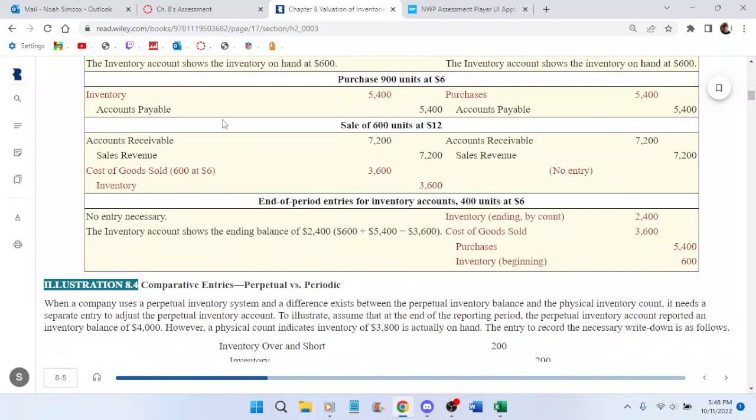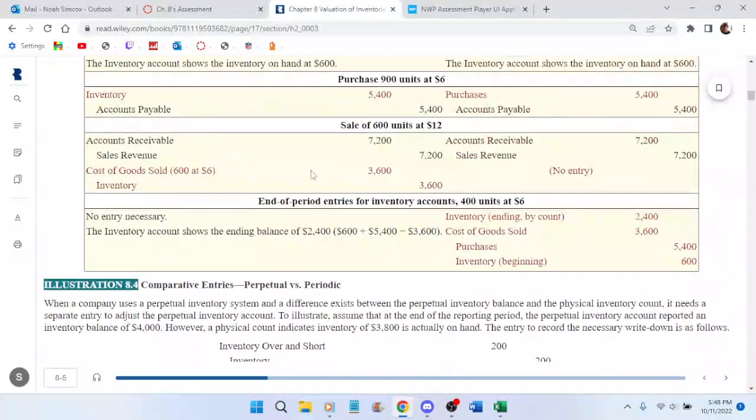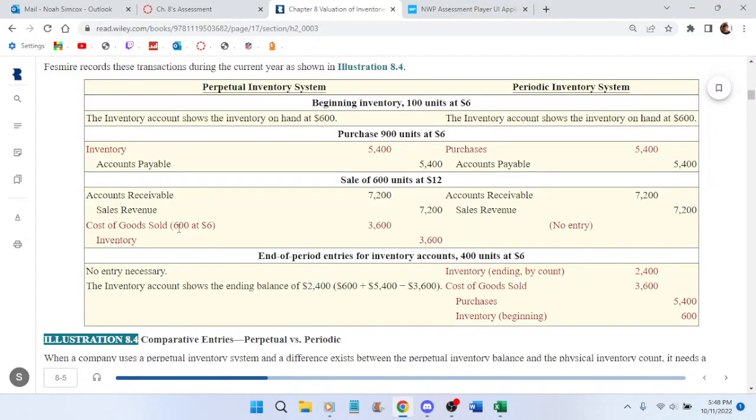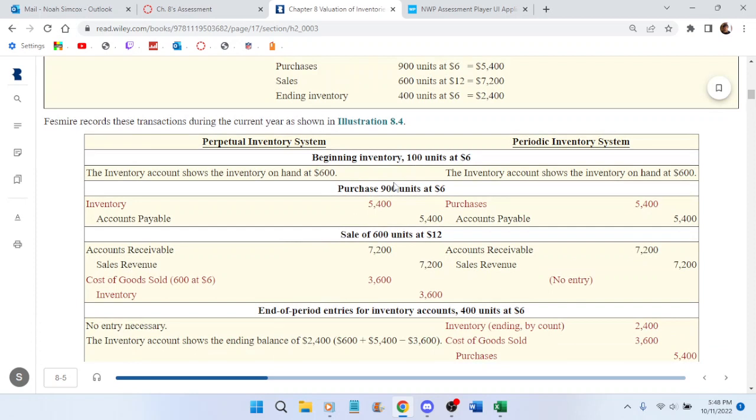I mean, they must be assuming FIFO here, because they just automatically assumed that you used 600 at $6. Oh, I guess they didn't assume either one because they were both purchased at $6, so it doesn't matter.